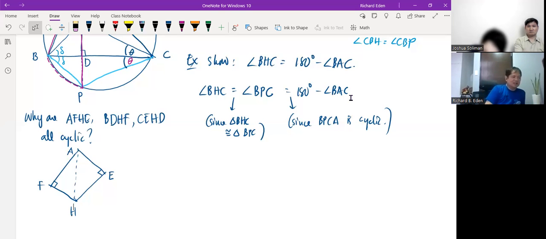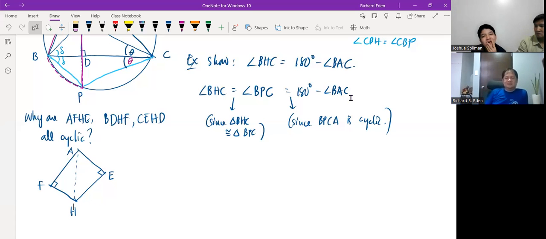And are they supplementary? Yes. And that's it. So there's no need to prove that FAE is supplementary to FHE. Actually, it would follow. You see? 90. Yes. Okay.